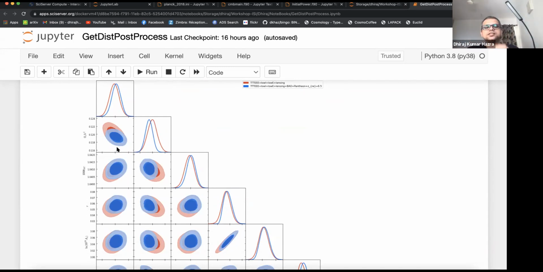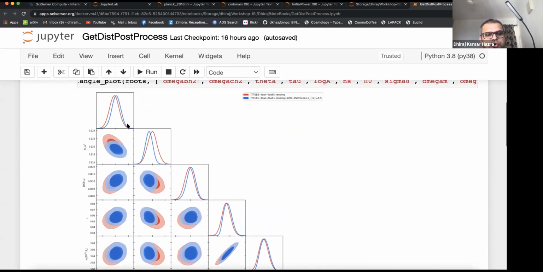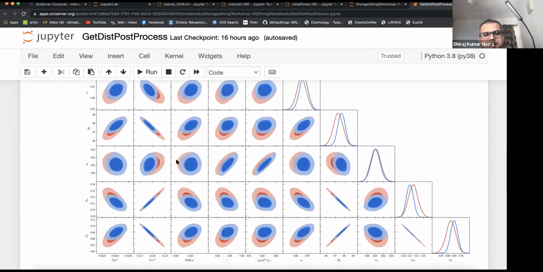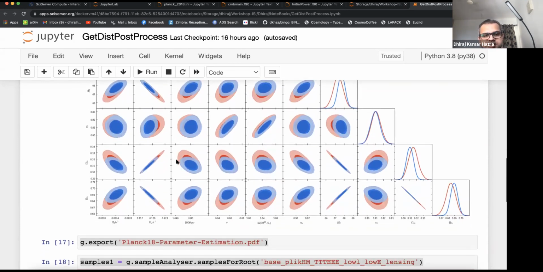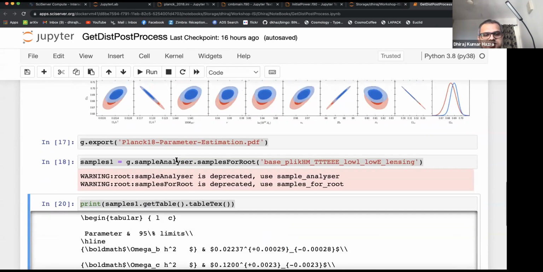So there will be an intersection between the contours, and you can see that the blue contours are more constraining than the red contours. So if you add more data, you are able to get better constraints, unless there are tensions between the datasets.